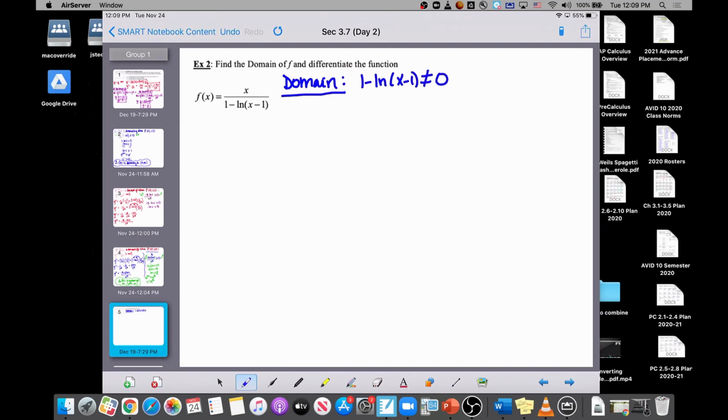But we also know that anything that's inside of a log, whether it be a natural log or another base, has to stay positive, right? Has to stay greater than 0. So we also know that x minus 1 has to be greater than 0. And again, this one is because we can't divide by 0.